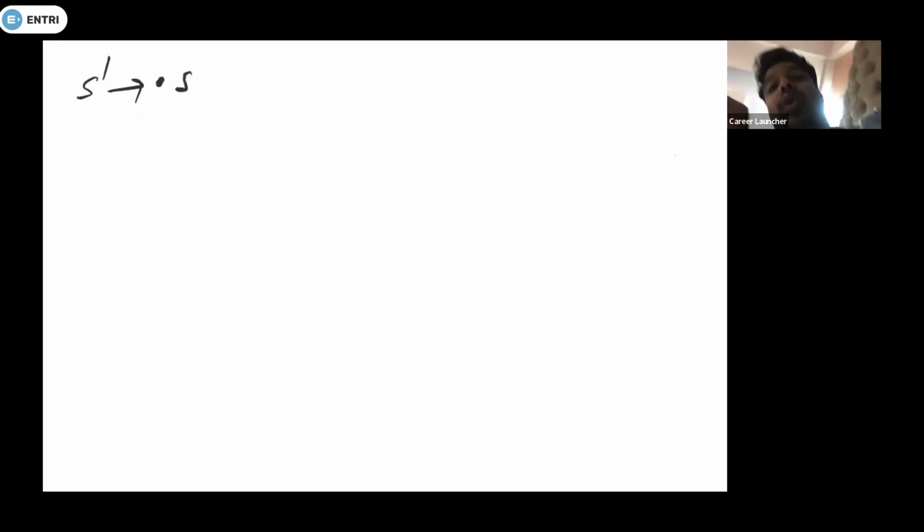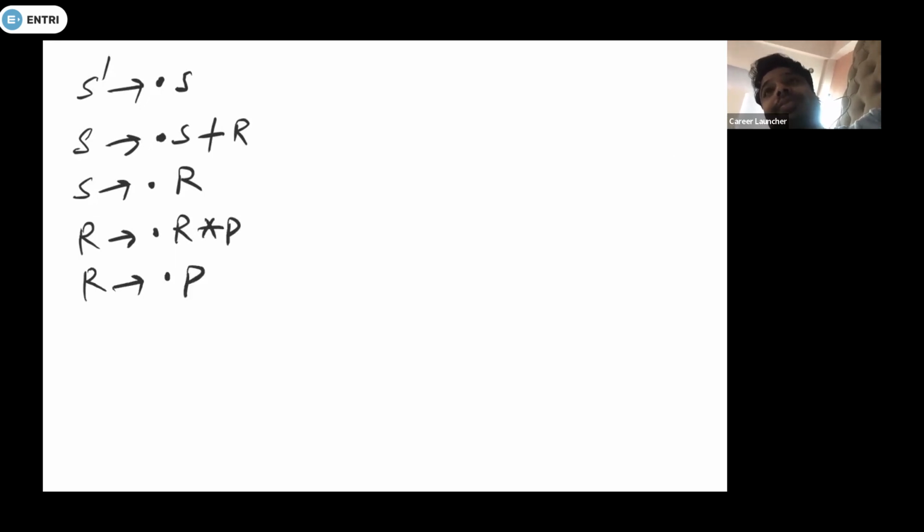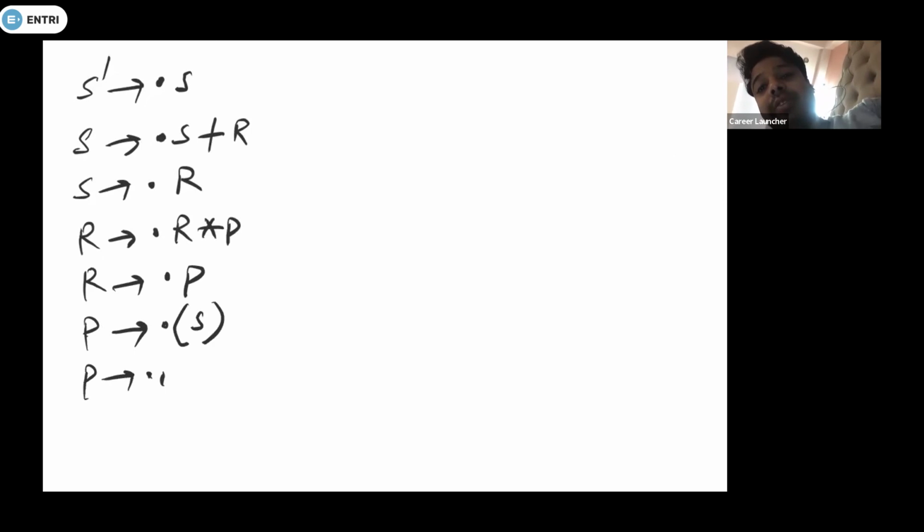So add all productions of S. After the dot, S is there: S to dot S plus R, S to dot R, R to dot R star P, R to dot P, P to dot open bracket S closing bracket, P to dot id.